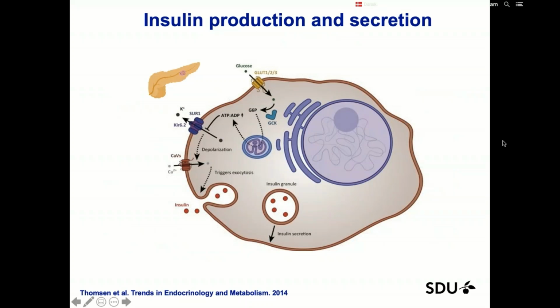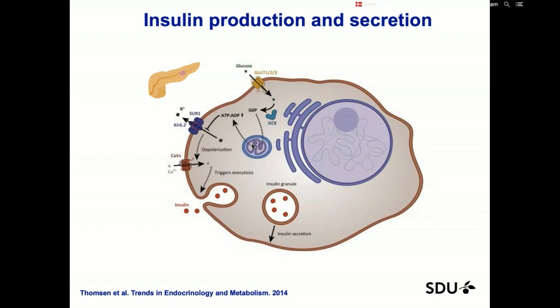As you all know, in the beta cell, the insulin is produced. When the glucose enters the beta cell, as shown here, through GLUT1, 2, or 3, it will get phosphorylated by an enzyme called glucokinase to generate a glucose 6-phosphate molecule.